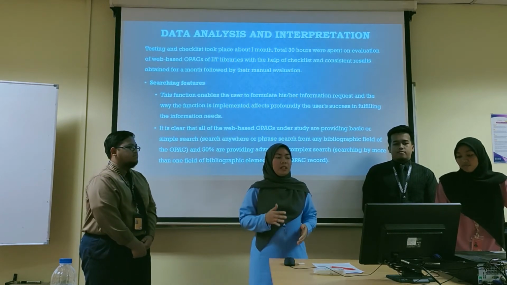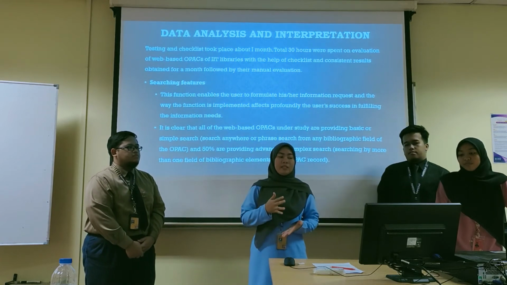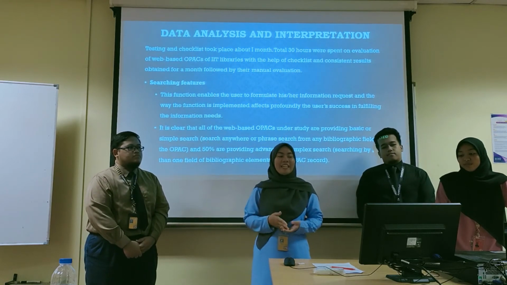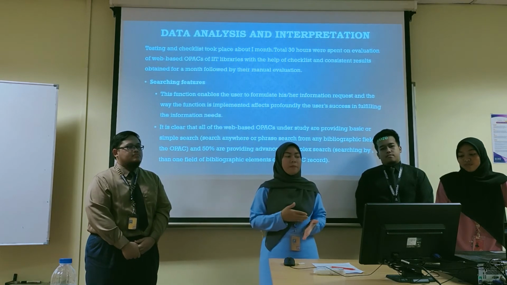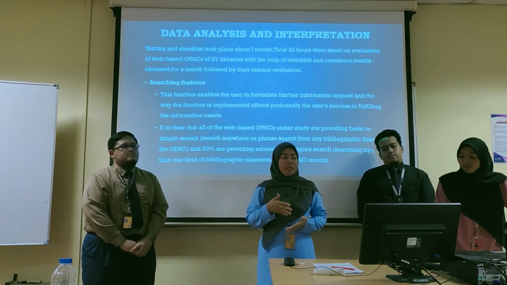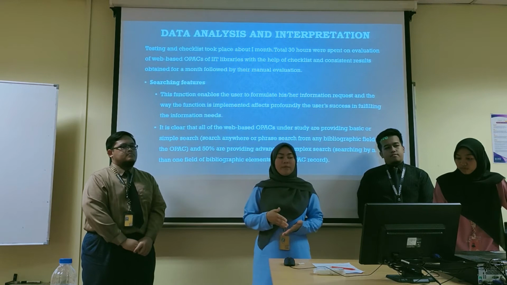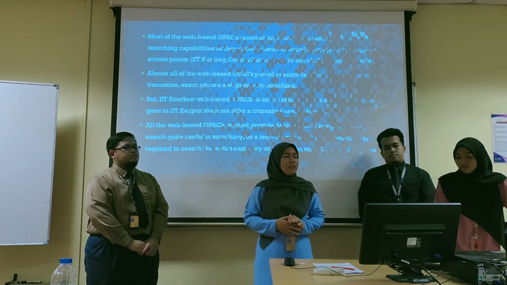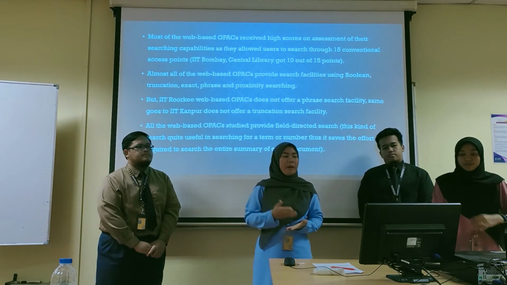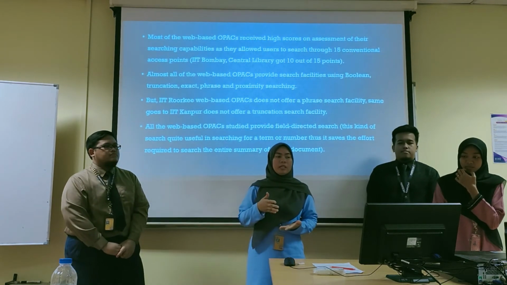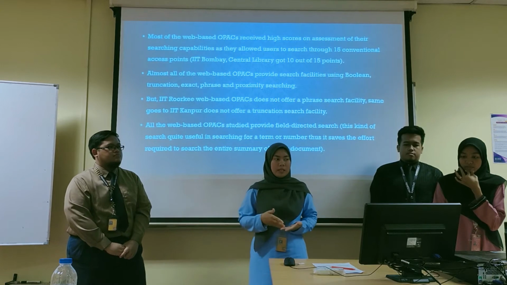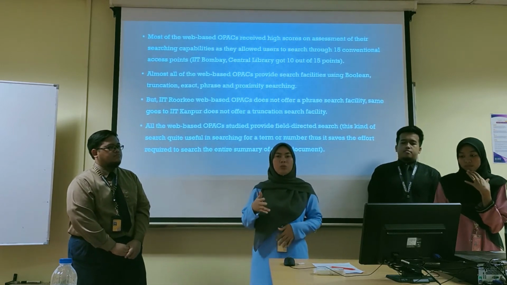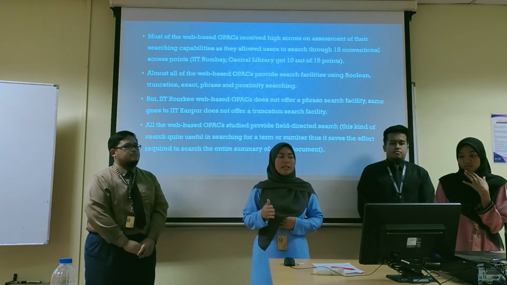It is clear that all the OPACs under study provide basic or simple search, and 50% provide advanced or complex search. Most of the web OPACs receive high scores on assessment of their searching capabilities, as they allow users to search through 15 conventional access points.